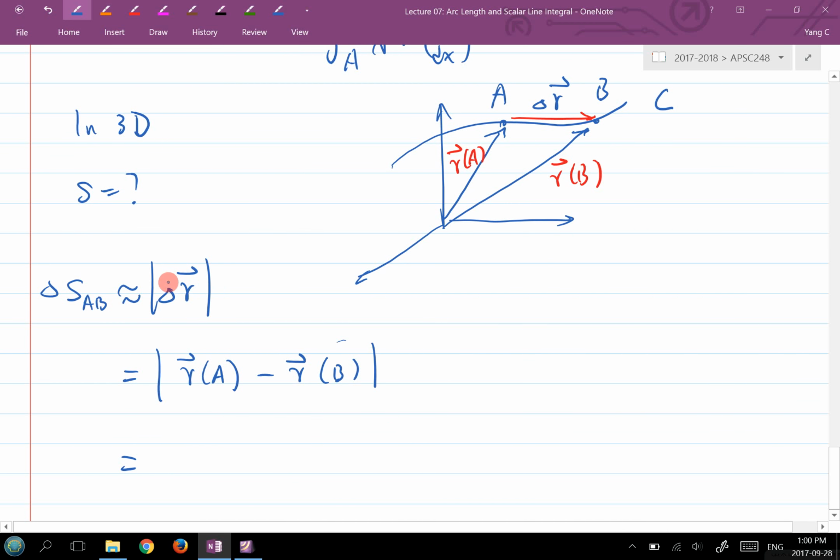Let's look at this one. This is delta R right here. Let me write it down again. So this is delta R, and now I'm going to write the length of delta R.